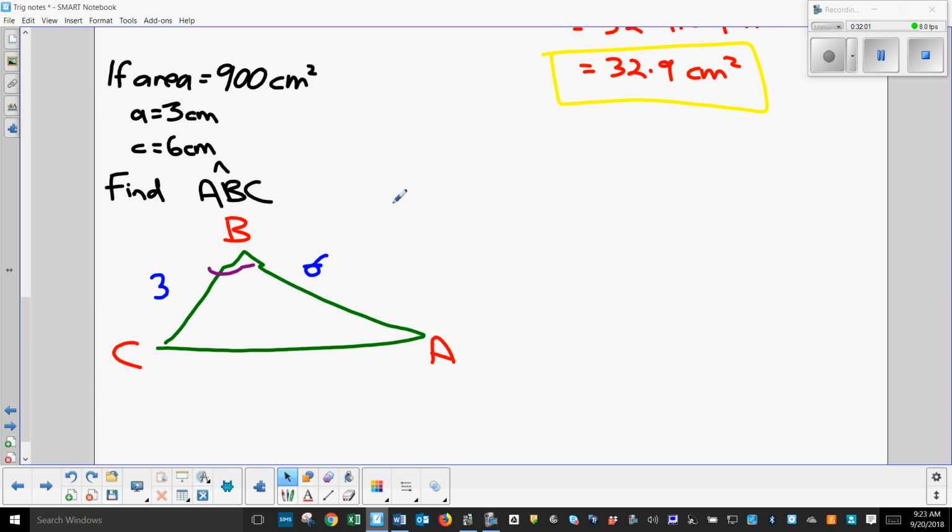Half times 3 times 6, no, divide by 9. So dividing by 9, our area should be something less than 9. So an area less than 9, maybe let's make it something like 8. 8 cm squared, and the triangle's still the same.